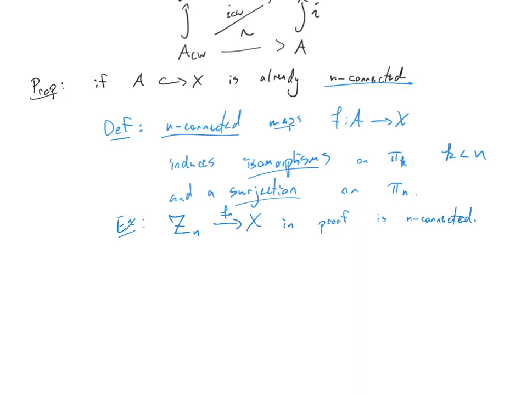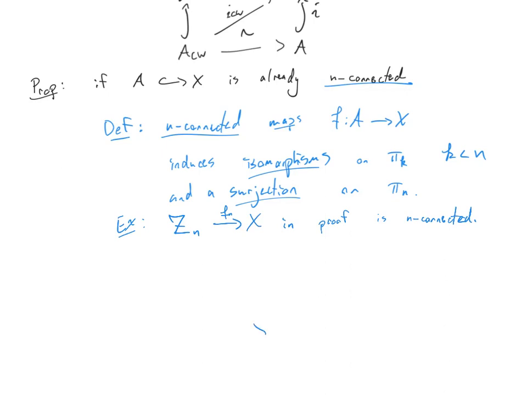So another way to rephrase the proof is we kept creating more and more connected spaces or maps covering X until eventually n was infinity, and then we had an isomorphism on homotopy groups.